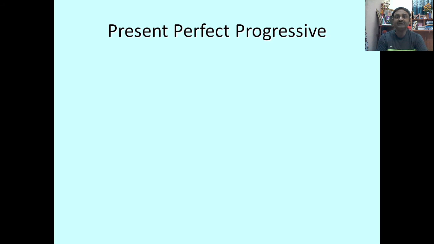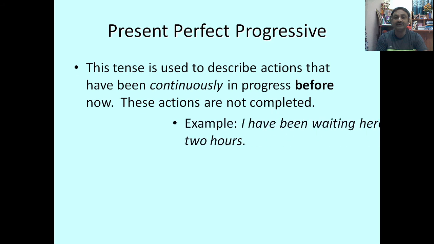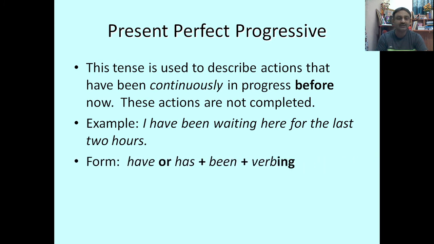Now present perfect progressive. This tense is used to describe actions that have been continuously in progress before now. These actions are not completed. Example: I have been waiting here for the last 2 hours. The form is have or has plus been plus verb ing.